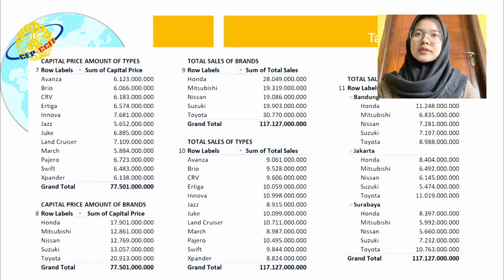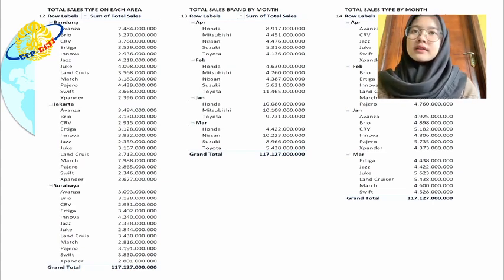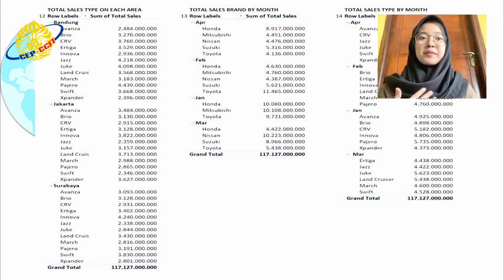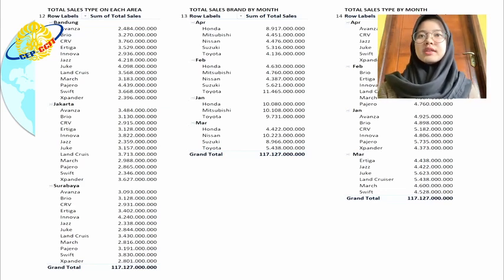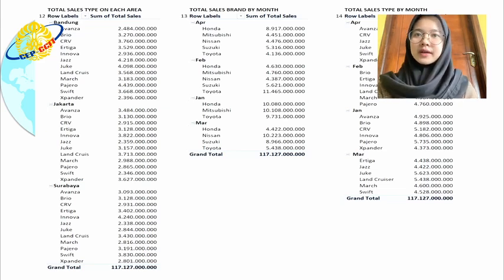So the 12th pivot table is total sales type on each area, and we can see that the total sales of each type has the same average, like from 2 billion, 3, and the highest one is 4 billion, which is Jazz, Juke, Pajero, and Innova.